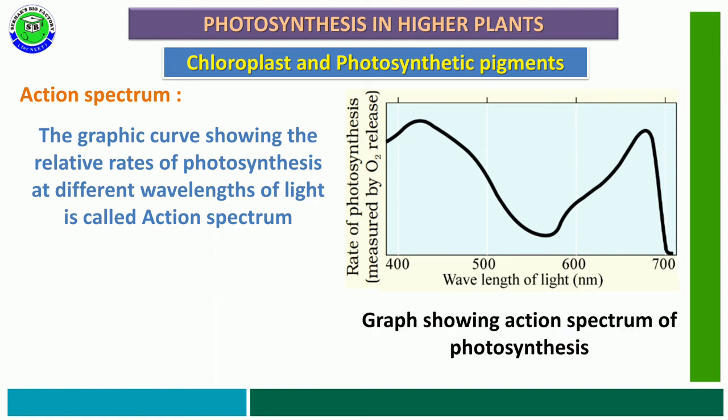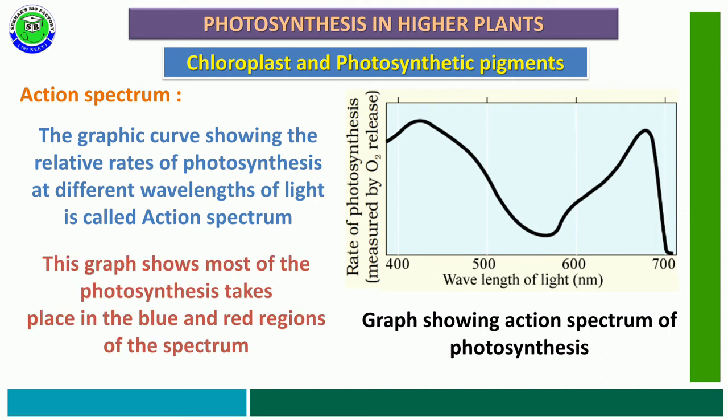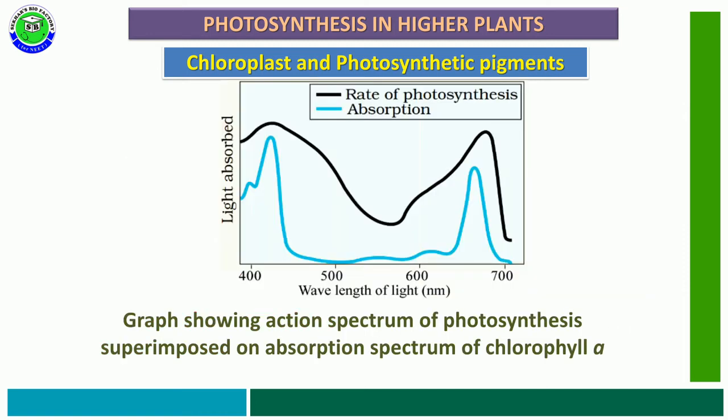So it is a graph showing the action spectrum of photosynthesis, and the graph shows most of the photosynthesis takes place in the presence of blue light and in the red region of the spectrum. So finally, with this graph, we can understand which pigment can absorb more light energy. For example, it is a curve showing the absorption rate of light energy by chlorophyll A pigment.